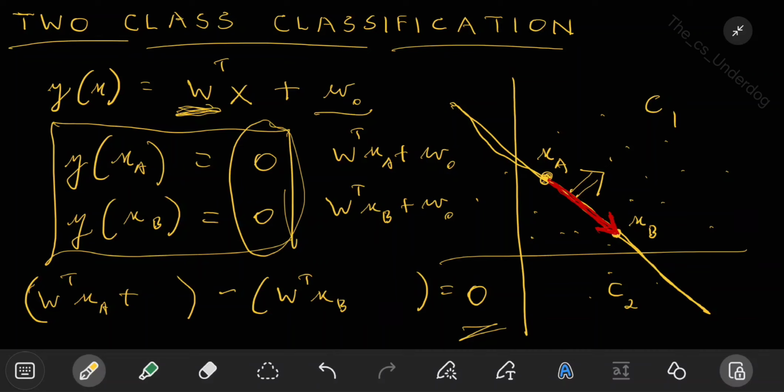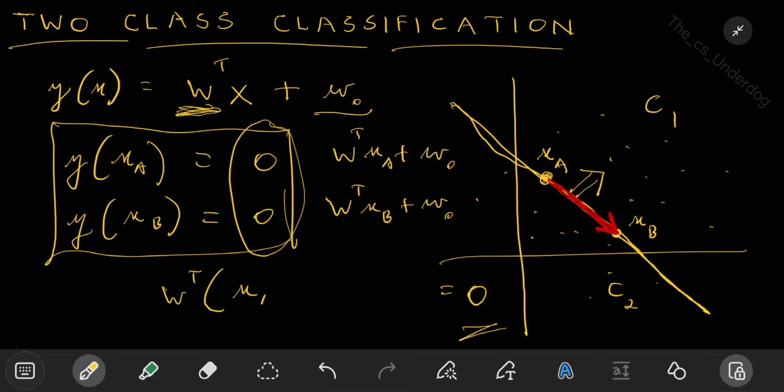So what remains is w transpose xa minus w transpose xb equal to 0. If you take w transpose out as common, then you will get w transpose into xa minus xb is equal to 0. This is the equation that you got. This has a lot of meanings, and this is going to explain the value of w here.